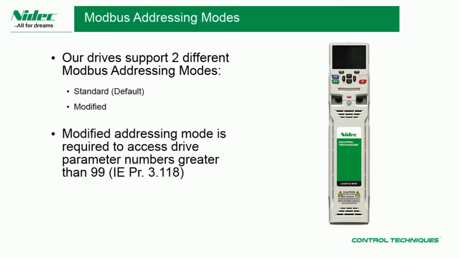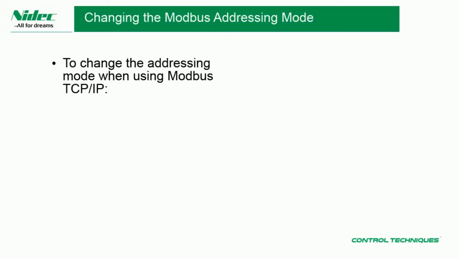Modified addressing is required to access drive parameter numbers greater than parameter number 99. For example, if I wish to access menu 3 parameter 118, I would need to change the addressing mode to modified.